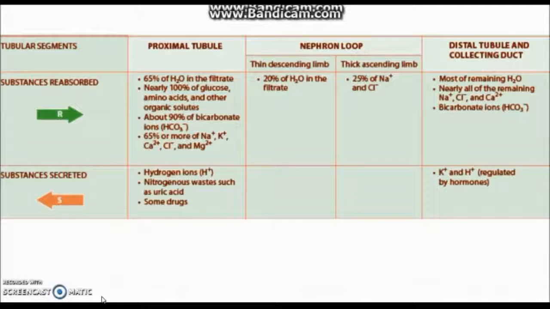Substances that are being reabsorbed at the distal tubule and collecting duct are most of the remaining water, sodium, chloride, calcium, and bicarbonate ions. Substances that are being secreted at the distal tubule and collecting duct are potassium and hydrogen.